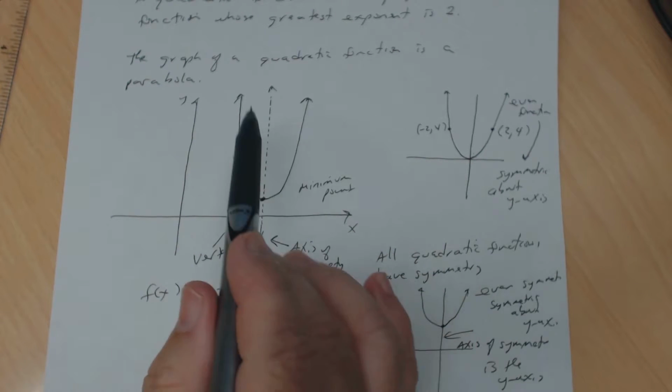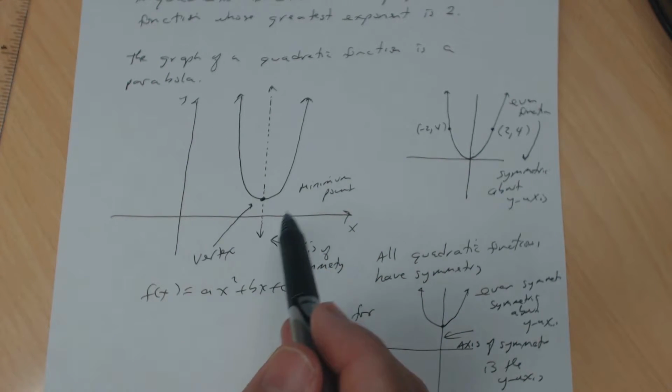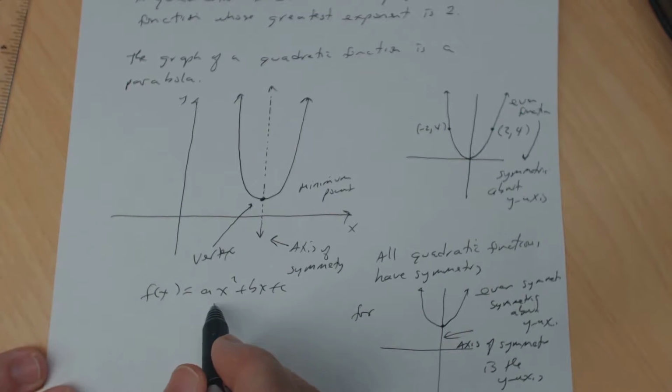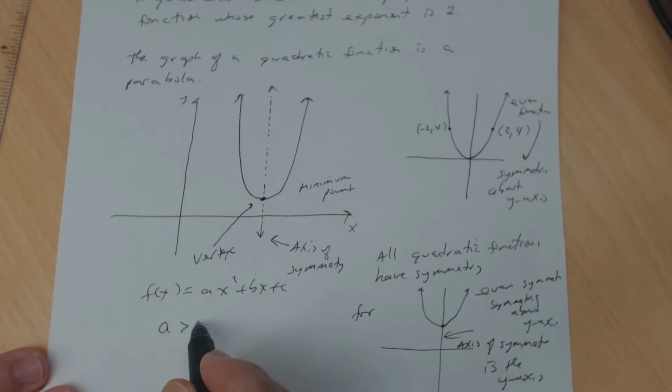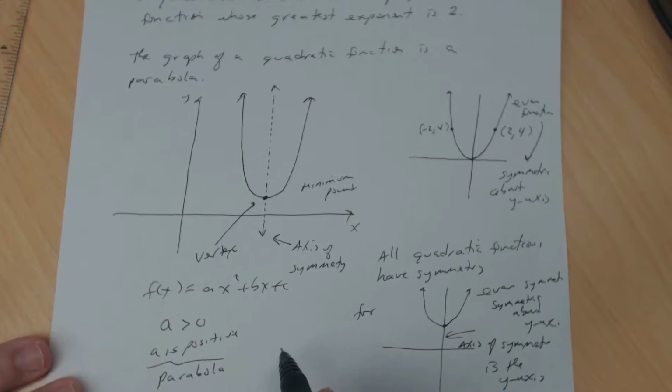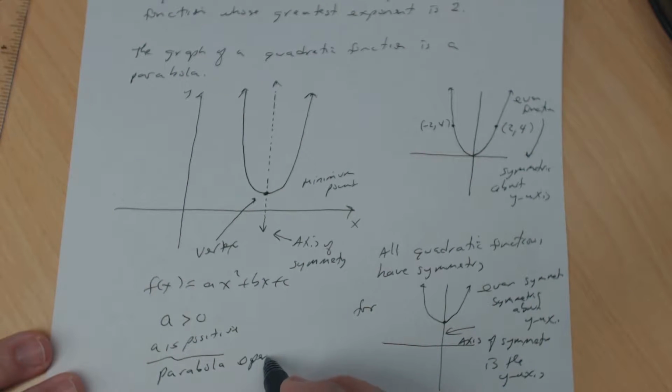If the parabola is going up, that means that the coefficient of x squared, a, is greater than 0. So that means that a is positive. If a is positive, the parabola opens up.